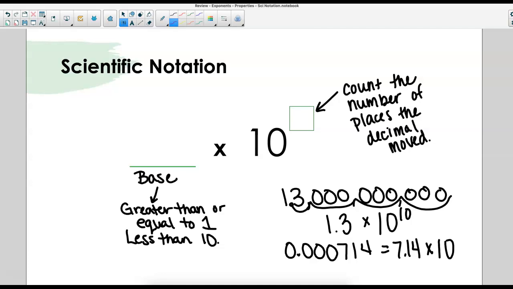Careful, she's really close. The -4th power. So remember, if we're moving it here, yes, it moved 4 places, but because we started as a decimal, our exponent's negative. When we start as a big long number, our exponent's positive. Okay, coming back to you, remembering all of that? Okay, that's everything we've covered so far in this unit.